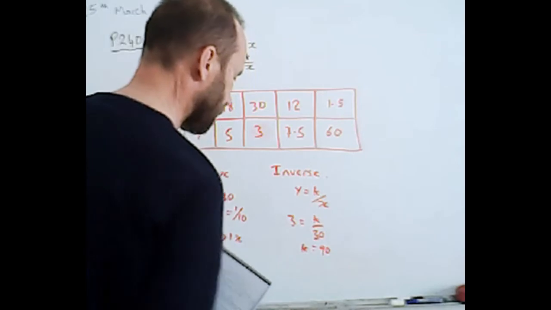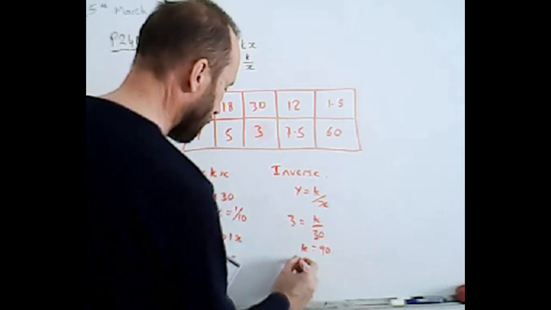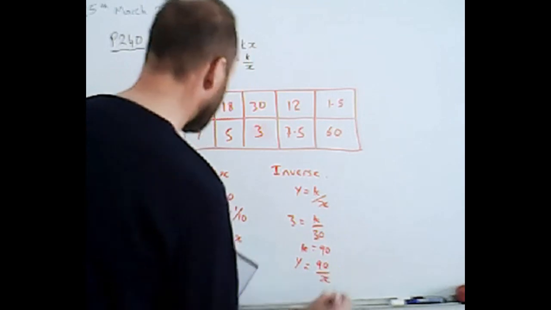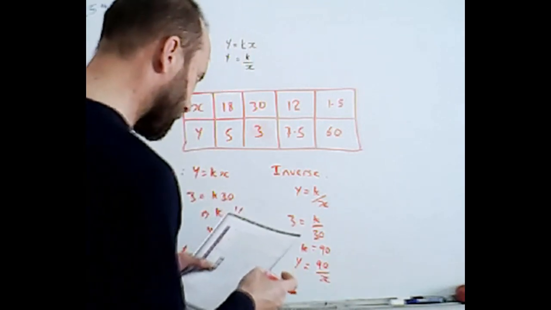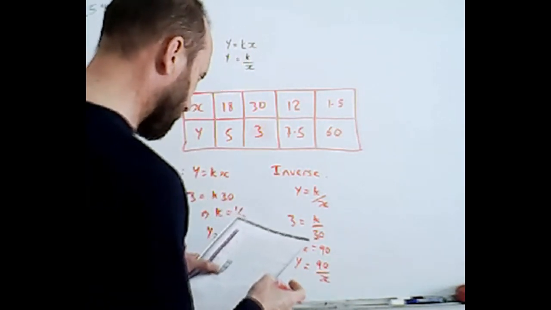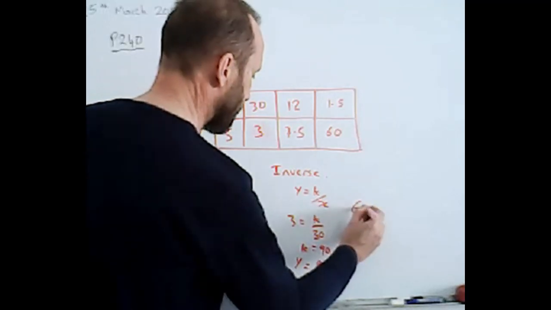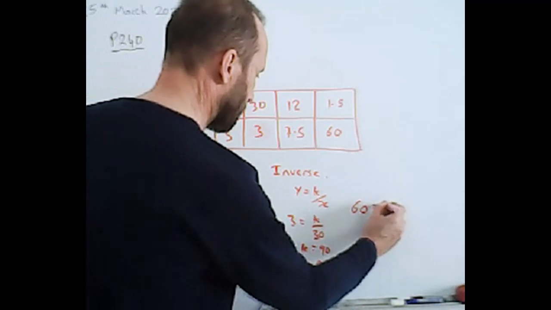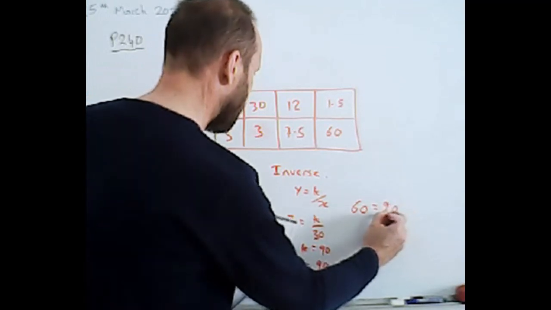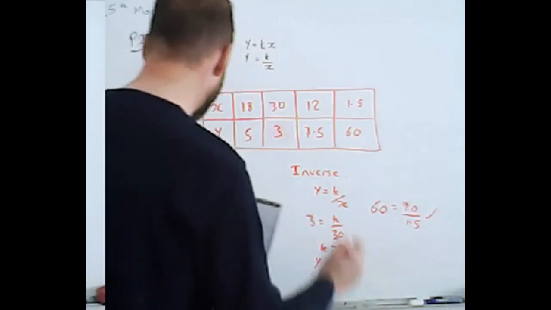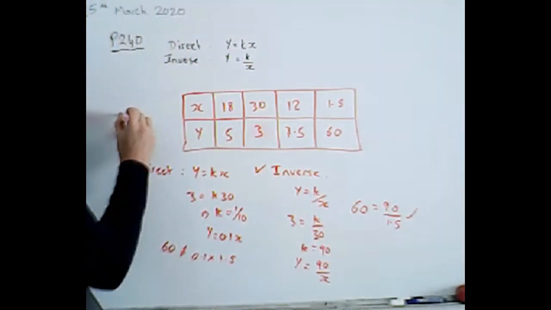So our formula would be y equals 90 over x. Let's try one of the other ones to see whether it's right. Again, we can use the 60 one. 60 equals 90 over 1.5. Yes, it does equal. So therefore, this one is inversely proportional.